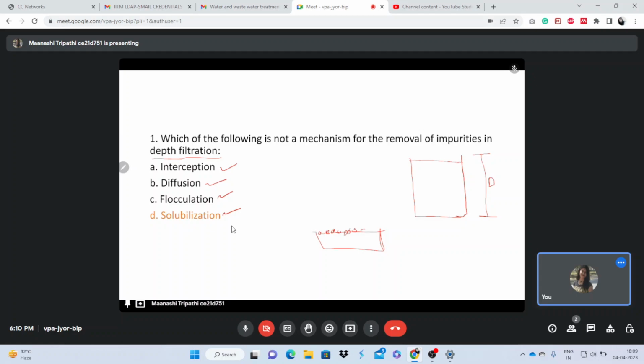So this is what happens in slow sand filtration where there is a layer of bacteria. But in depth filtration, this does not happen because the speed is very fast, so it won't get any chance to get solubilized. Let's move towards the next question.